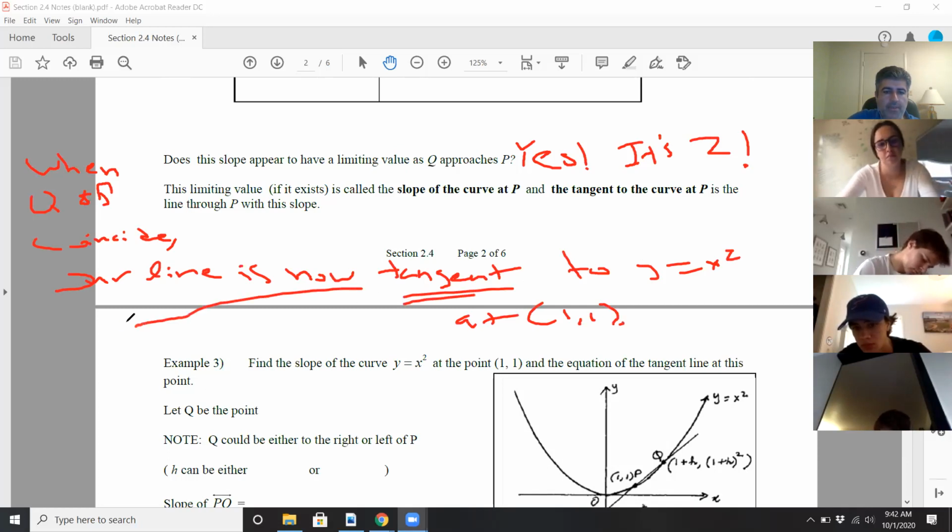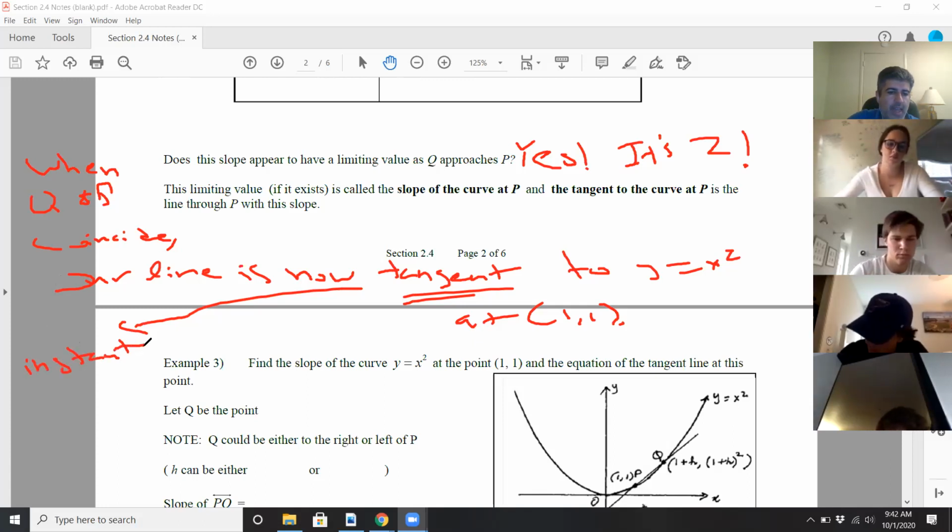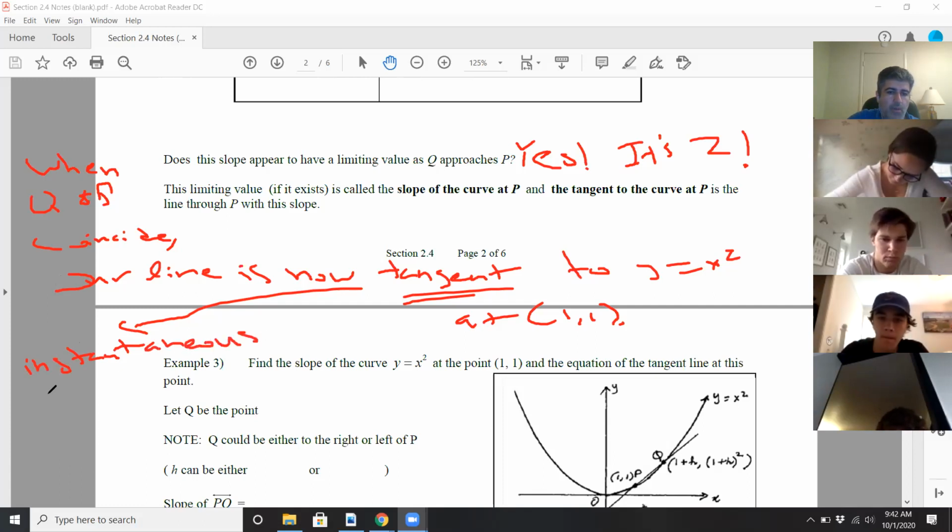When this happens, we call this an instantaneous rate of change. Because now you know how fast you're moving at a point.